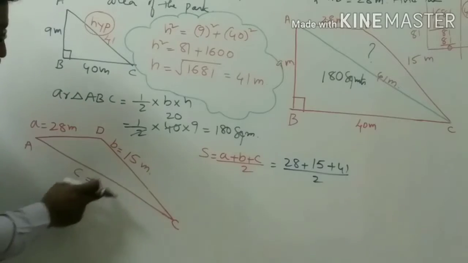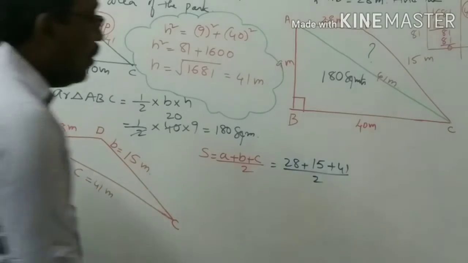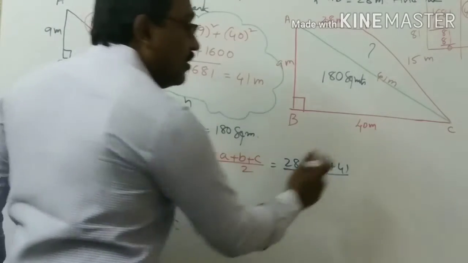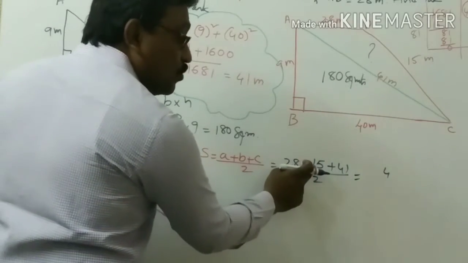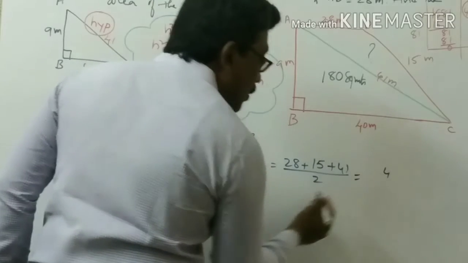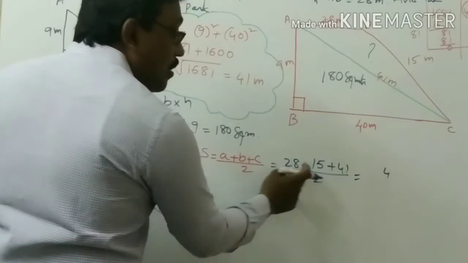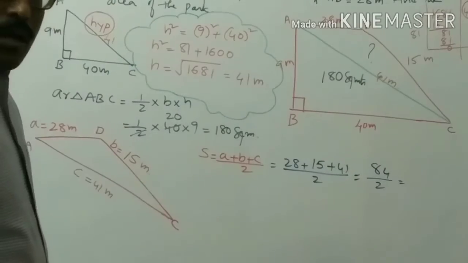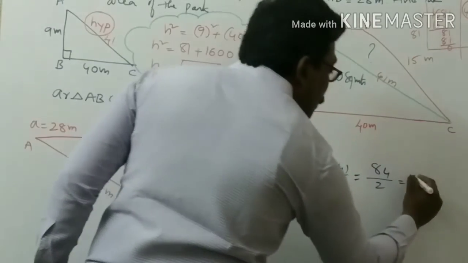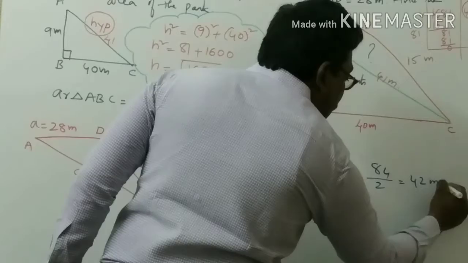A plus B plus C. Now add it. 8 plus 5, 13. 13 plus 1, 14. 1 is left. 3 plus 1, 4 plus 1. Sorry. 2 plus 4... Now 84 by 2 is 42 meters.